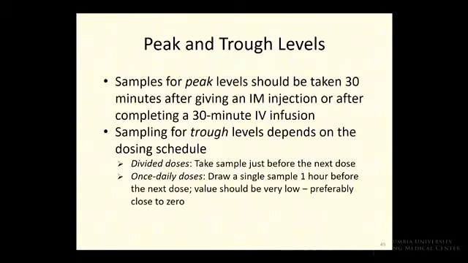So the rate of absorption with an IM injection or the rate of elimination with an IV infusion can vary from person to person. So we want to make sure, no matter what the pharmacokinetics looks like in this particular person, that the peak is high enough to be effective and the trough is low enough to avoid toxicity.